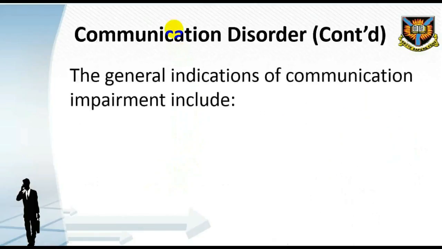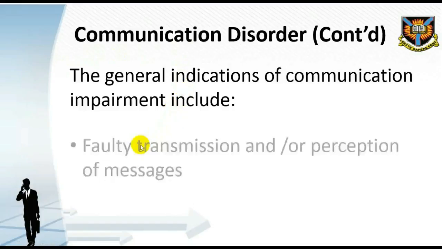Communication disorders can be a limiting factor to total academic and social development of individuals. When a child's communication ability differs significantly from that of others, such a child is considered as being impaired in speech. The general indications of communication impairment include: 1.